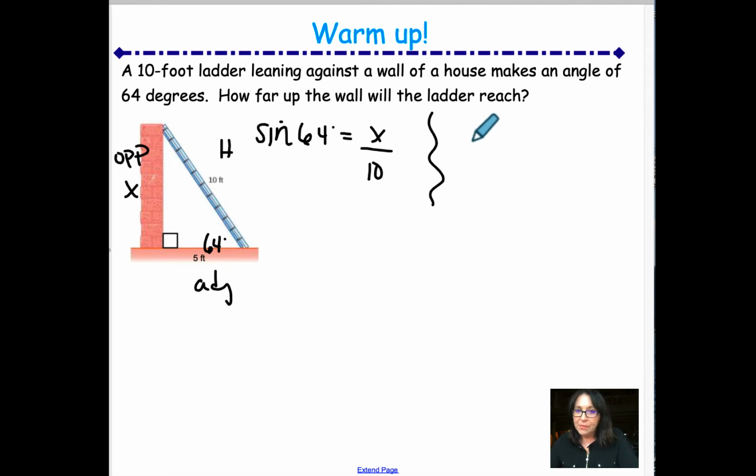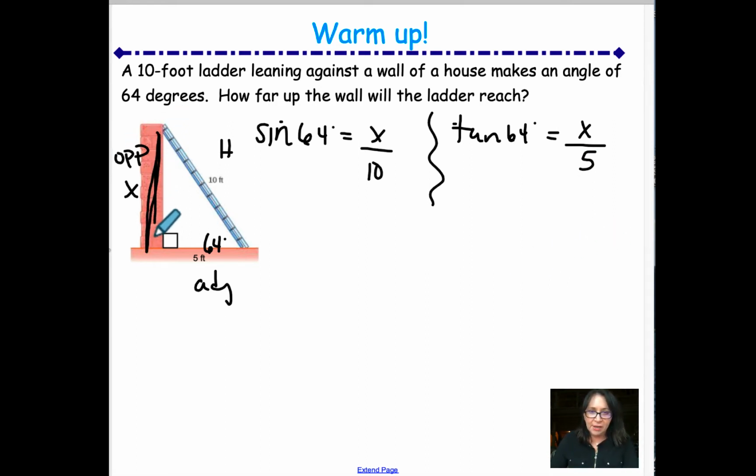And so I can say tangent of 64 degrees is equal to opposite over adjacent, which is x over 5.